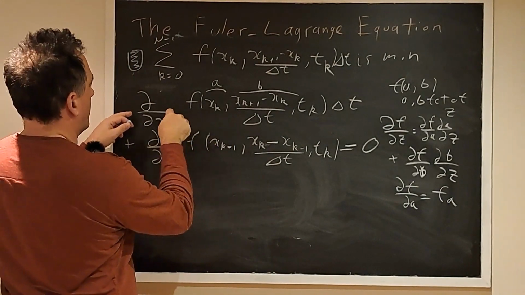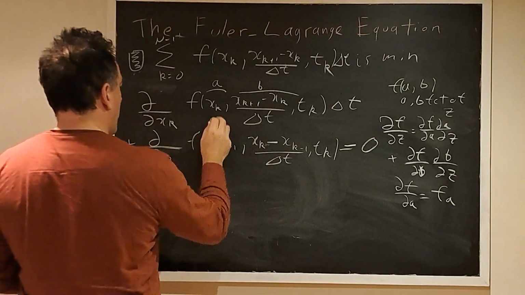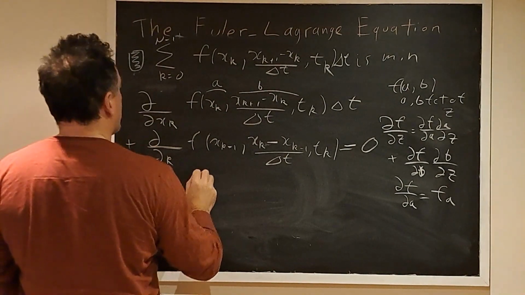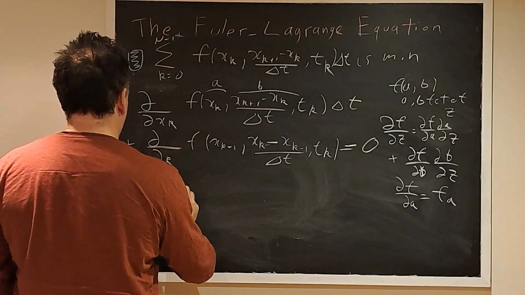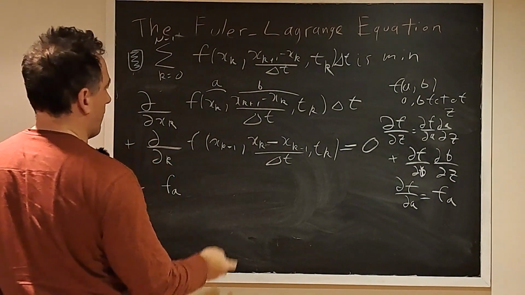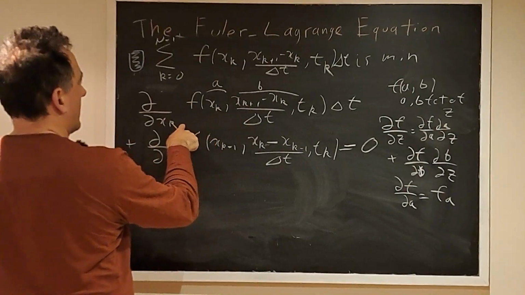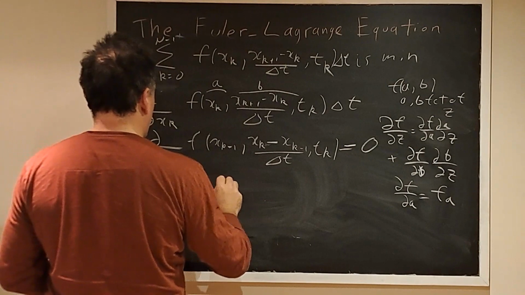The first term will be the derivative with respect to a. Before, f was a function of a and b. Let's call it fa, and the derivative of xk plus 1 minus xk with respect to xk is 1, so that leaves 1 over delta t.